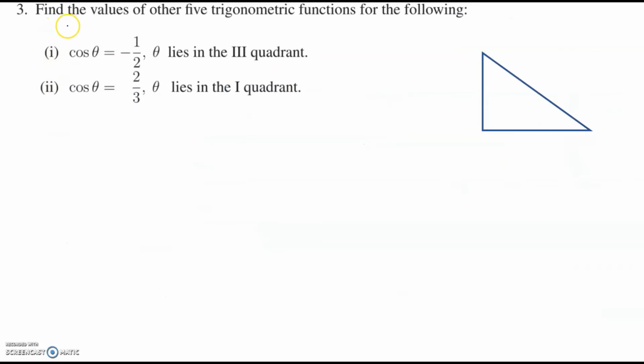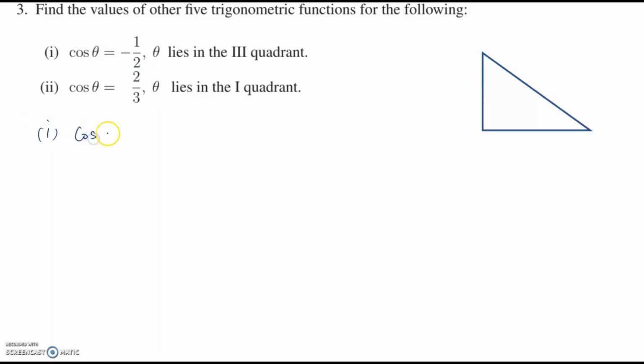Question number 3. Find the values of the other 5 trigonometric functions for the following. Question number 1. Cos theta is equal to minus 1 by 2, where theta lies in the third quadrant. So, we are given that theta lies in the third quadrant. Let's solve the first question first.